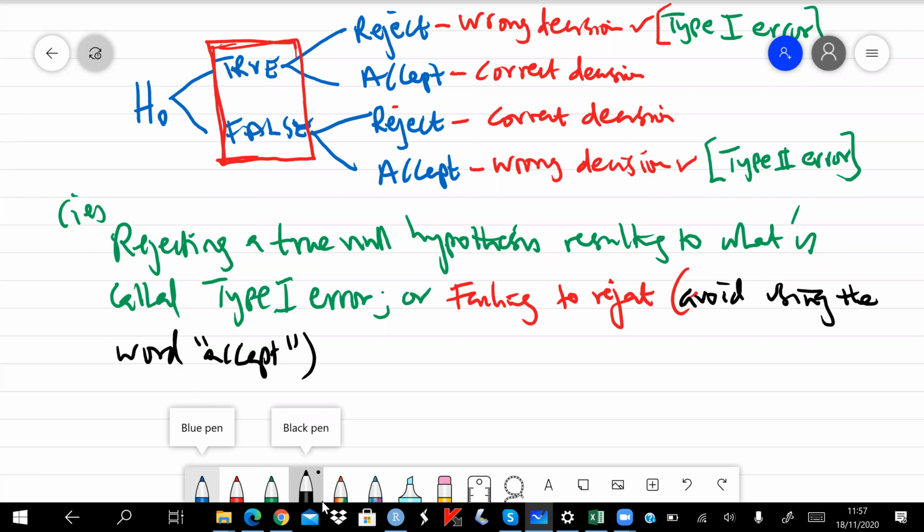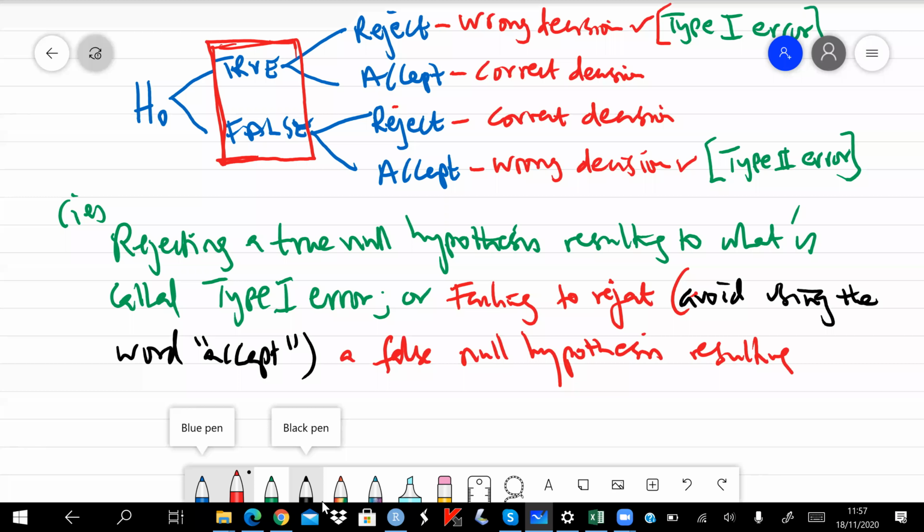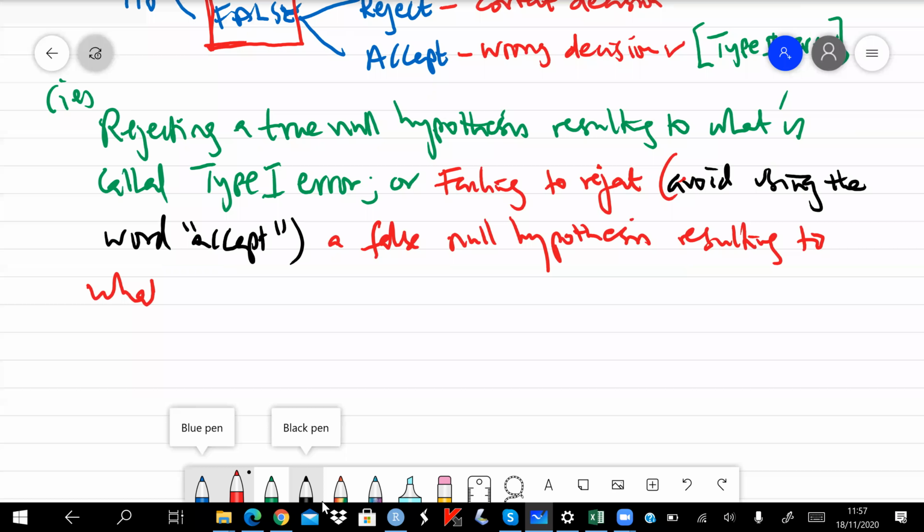We're saying that failing to reject a false null hypothesis results to what is called type 2 error. So when testing hypothesis, you run the risk of making type 1 error and type 2 error.